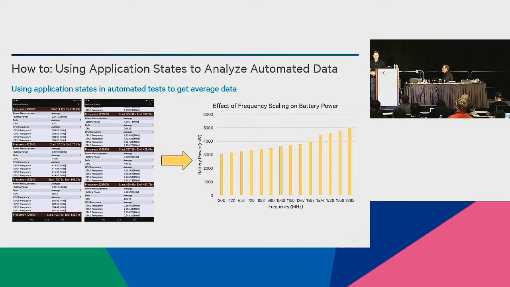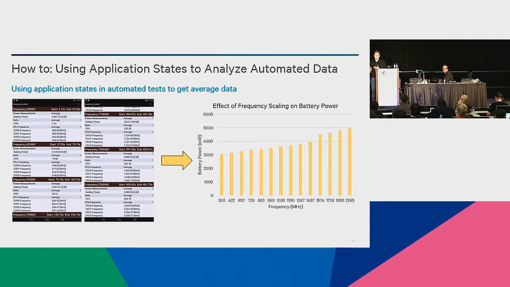For example, the CPU we used here is able to clock at 300 megahertz, 422 megahertz, all the way to 2.27 gigahertz. It's a well-known fact that the higher your CPU is clocking, the more battery power it uses. But the exact behavior is not clear, and it varies from different CPU manufacturers to algorithms present on the CPU.